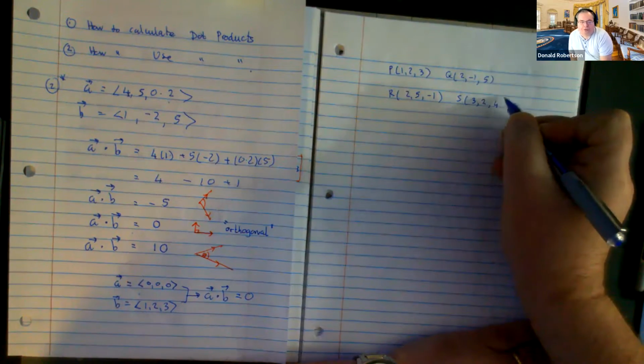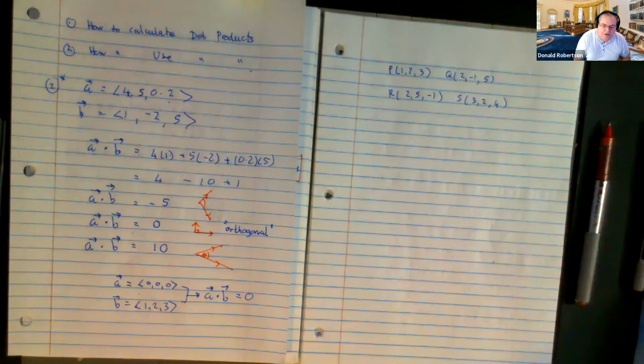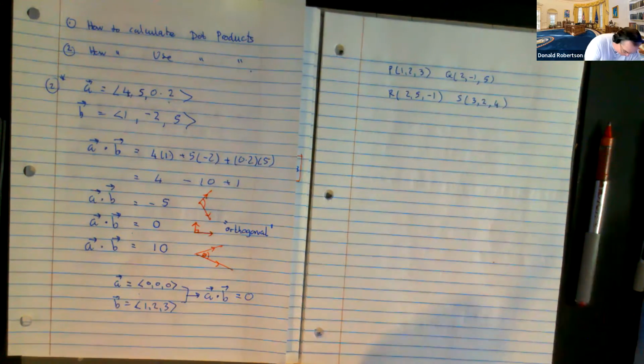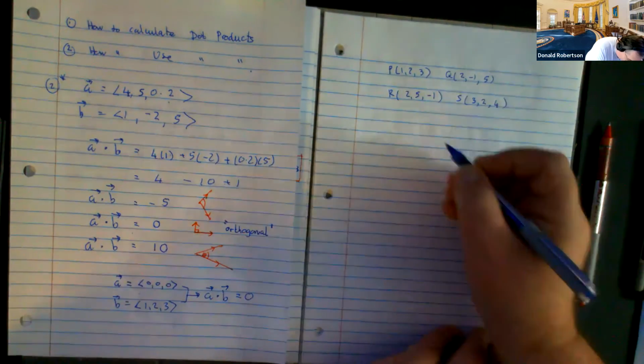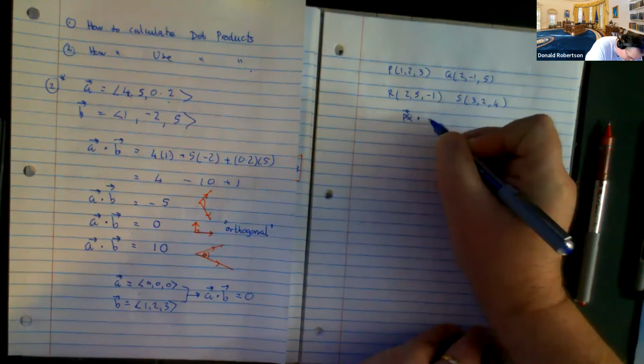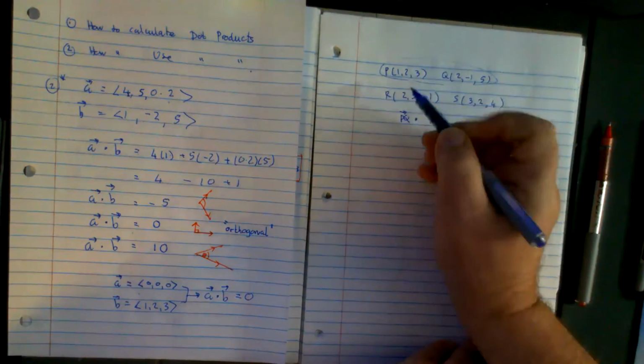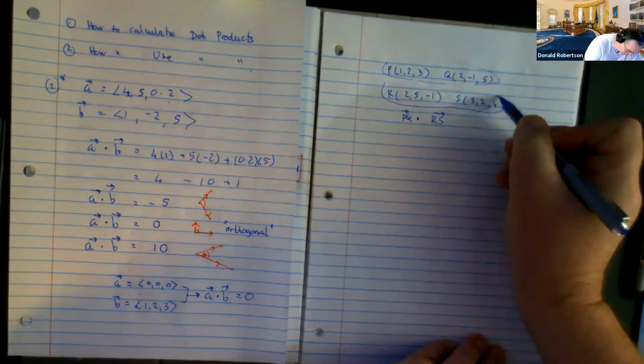Okay, suppose you are being told the coordinates of two vectors. The first vector is going to be called PQ, and the second vector is obviously RS. And I want to find the dot product of PQ and the other vector RS.